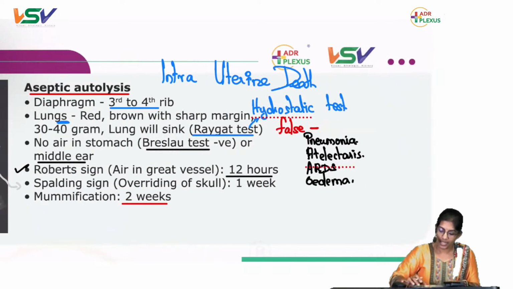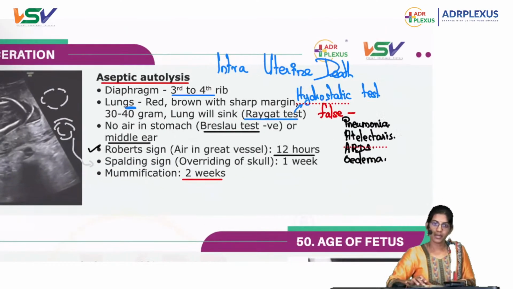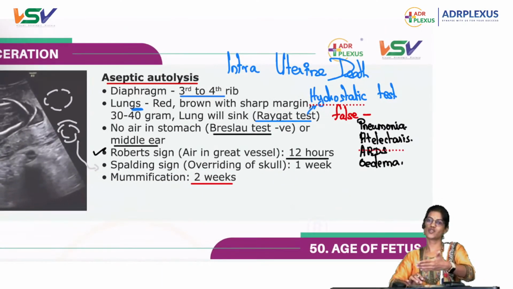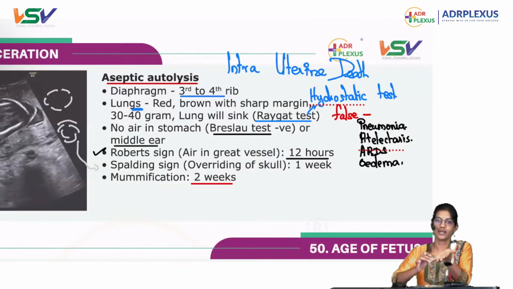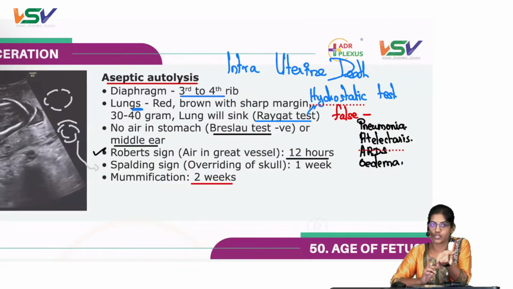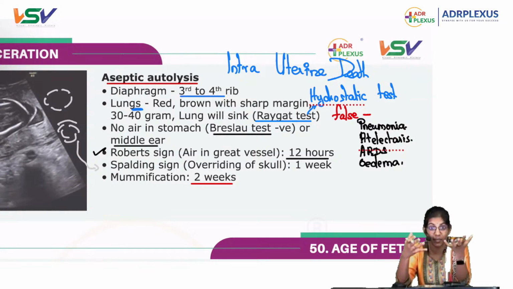Now, here in maceration, let us remember the opposite will be seen in case of live birth. In case of live birth, the diaphragm will be around 6 to 7. Lung will be nice pink, but it will be heavy because the blood has gone inside. So it will be around 70 grams, both lungs together. It will float, right?